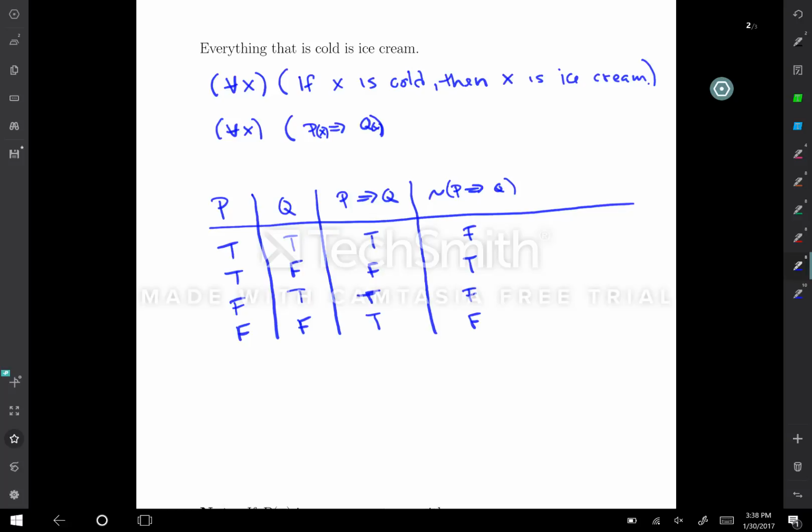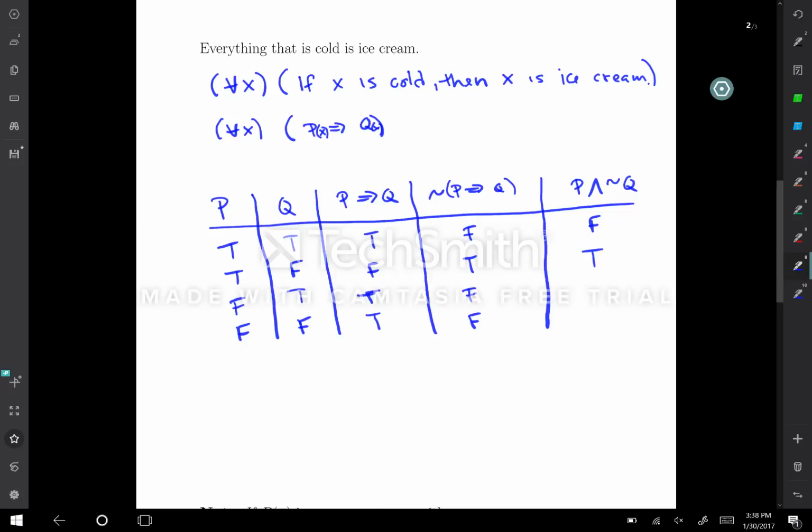Now, this happens to be logically equivalent to P and not Q. So let's verify that this is in fact logically equivalent. If P is true and Q is false, we would have a false. If P is true and Q is true, we would have a true.